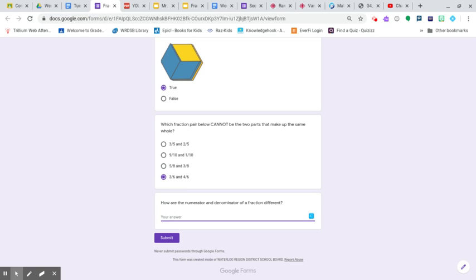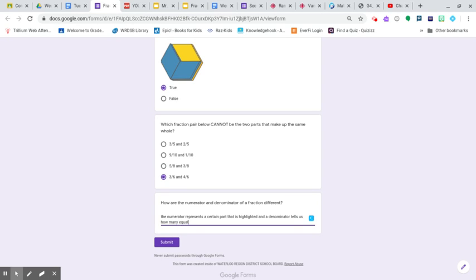How are the numerator and denominator of a fraction different? The numerator represents a certain part that is highlighted. So it could be 1 or 1/2. That's 1. And the denominator tells us how many equal parts there are.